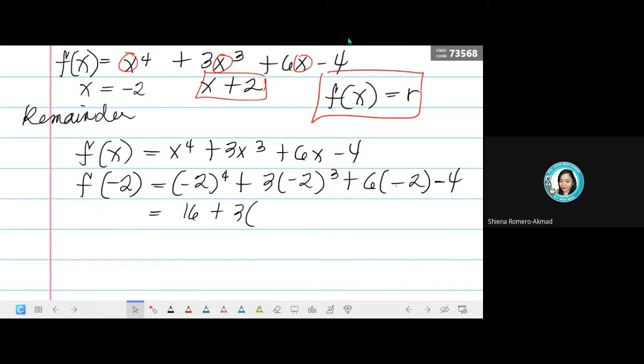Negative 8. Plus 6 times negative 2 is negative 12. Or mag-minus na tayo dyan. Minus 12. Minus 4. Multiply muna natin to. So 16. 3 times negative 8. What is 3 times negative 8?